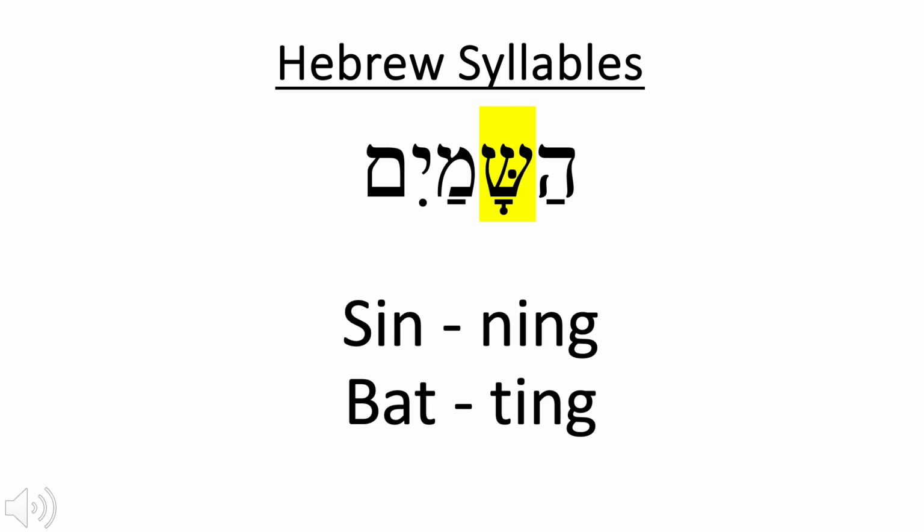What we have just done is really no different than what we do in English. From the word sin, we add ing, but it's not signing, S-I-N-I-N-G, but sinning, S-I-N, and then we double the N, N-I-N-G. That's the only way to preserve the short vowel. The same with bat. Bat becomes batting, but we add two T's so that we have B-A-T-T-I-N-G.